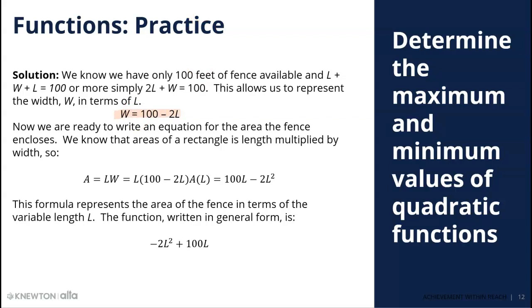And then we use the formula for the rectangle, which is A equals length times width. Now our length is just L, and we're able to express our width in terms of L. So we have L times 100 minus 2L, and simplifying that, we have 100L minus 2L squared.